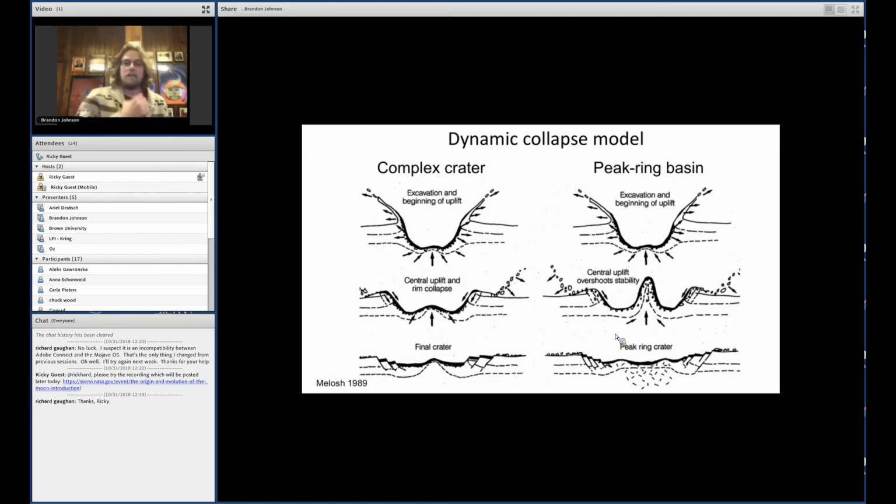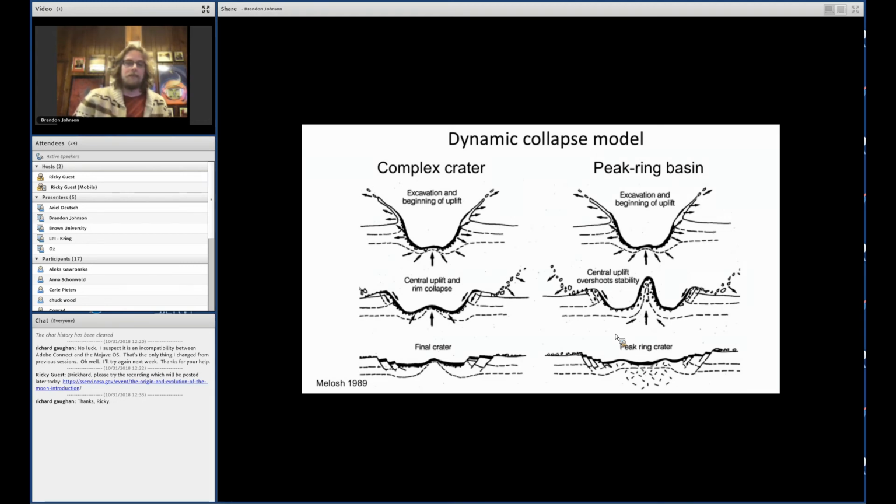And based on this increase in the width of central peaks, and then the width of peak rings, the dynamic collapse model for formation of peak ring basins was born out of that observation.